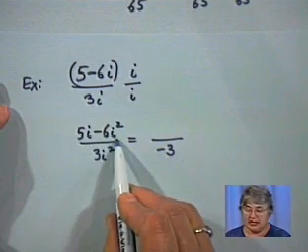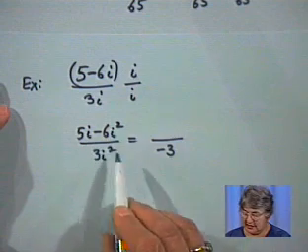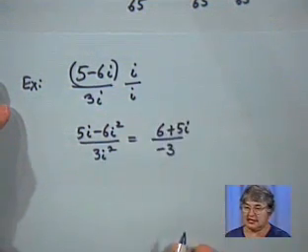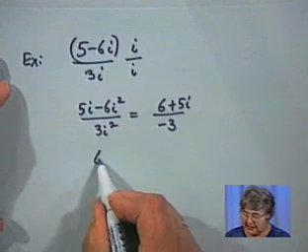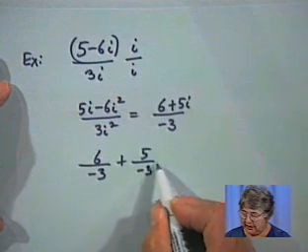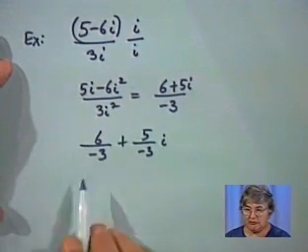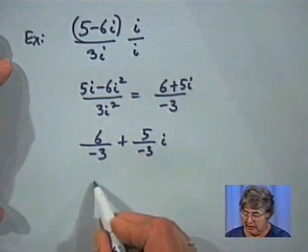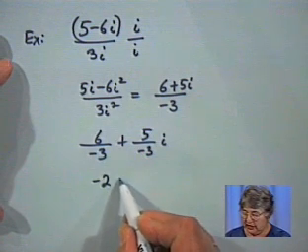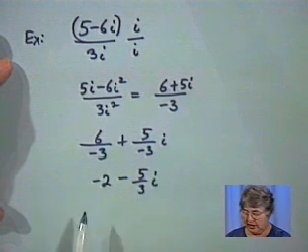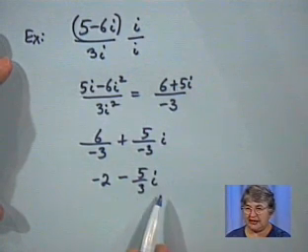The i squared is negative 1, so this term minus 6i squared becomes a plus 6, and then the 5i remains as it is. But now we can separate this as 6 over negative 3 plus 5i over negative 3. We can, of course, simplify each of the terms. 6 divided by negative 3 is negative 2, and then we have minus 5/3 i. So once again, this number is in the form of a plus bi.